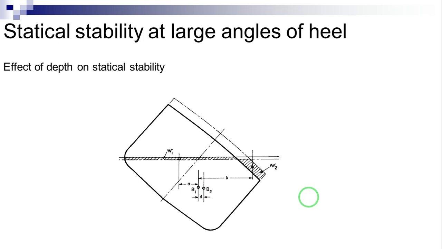Increasing depth causes the center of buoyancy to shift toward the low side owing to addition of displacement of the shaded volume between the two positions of the deck and the loss of the displacement of the shaded volume between the two water lines.